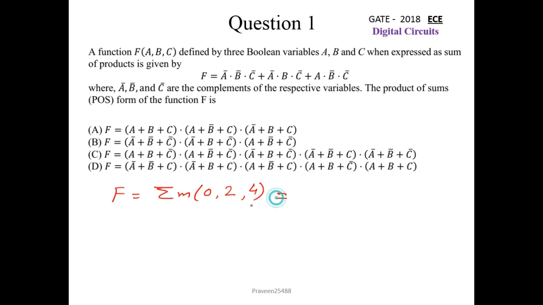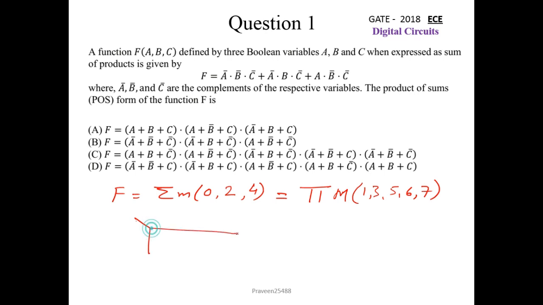This is equal to the max terms. We can write it as pi capital M, and the remaining terms 1 3 5 6 and 7. All this you can represent also in K-map, so it would be easy to realize the terms.